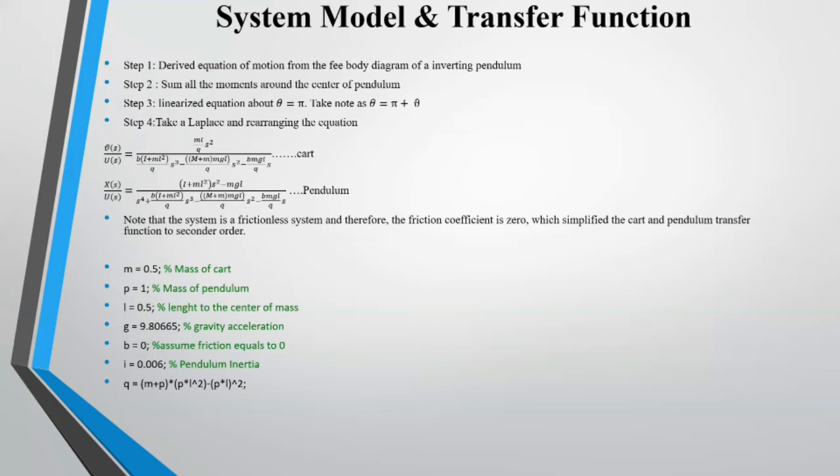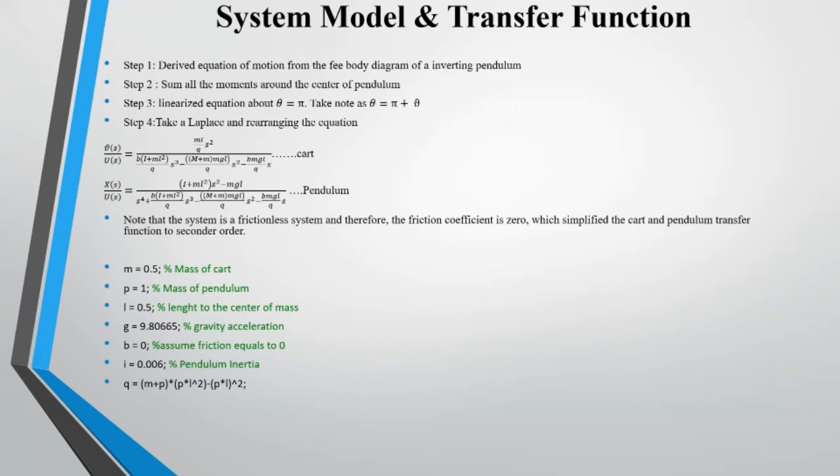Then we sum up all the moments around the center of the pendulum. In step 3, we linearize the equation about theta equal to pi, then take the Laplace transform and arrange the equation. After these steps, we obtain two transfer functions, one for the cart and one for the pendulum.